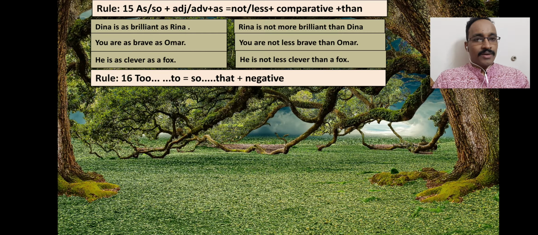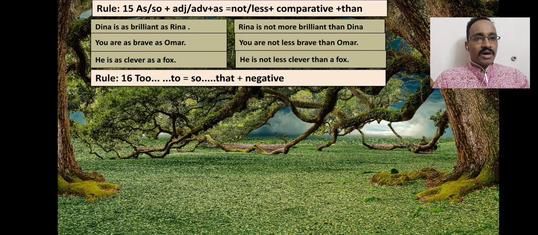In between too and to there may be one adjective or adverb, and in the negative sentence also we will use so dash dash that, meaning in the gap we will use an adjective or adverb, and then we will use a negative. And here the sentence is going to be a negative sentence.